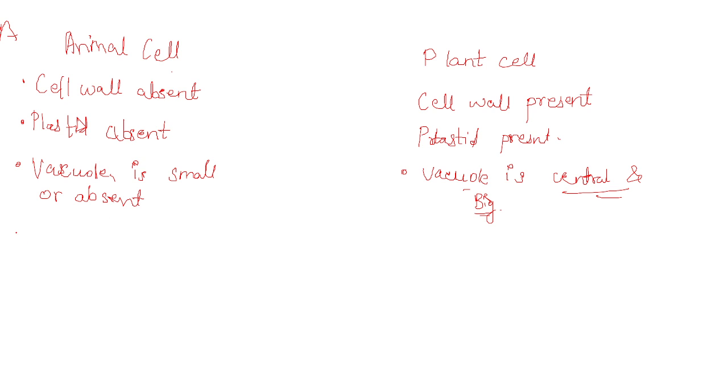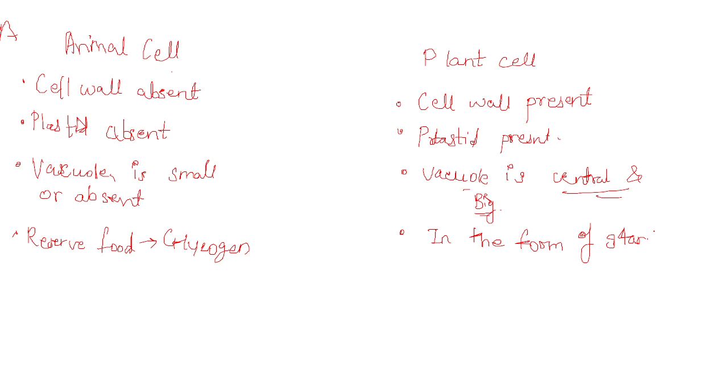Now, how is reserve food stored in an animal cell? Reserve food is in the form of glycogen, whereas in the plant cell it is present in the form of starch.